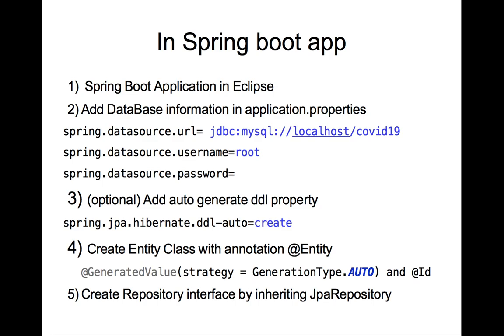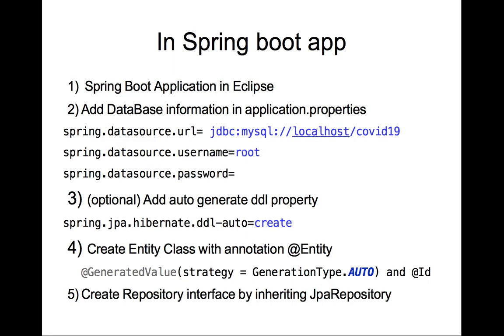Again I am telling you, the previous project I will put it in the suggestion box. Number 2, you have to specify the database information inside application.properties. Number 3, that's optional. You have to specify the data definition language properties, that is the DDL property.